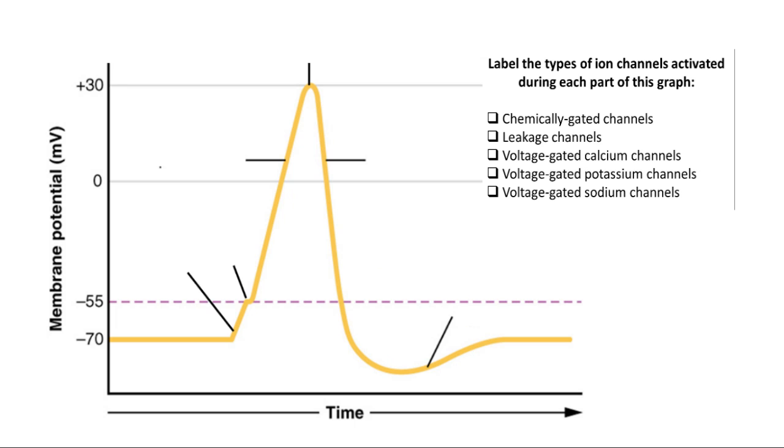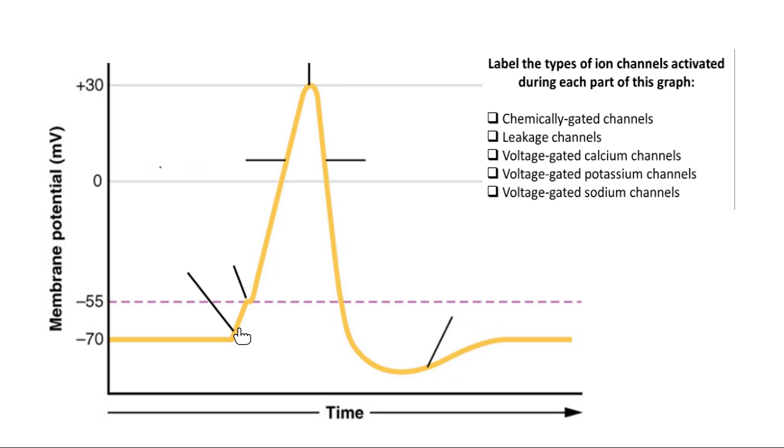Let's use the picture from lesson number 10. Make sure we can remember which kinds of channels open when, or what kind of channels are used in different places. We just talked about this. When I'm below threshold, my channels that open and close down here are the ones that respond to neurotransmitters.